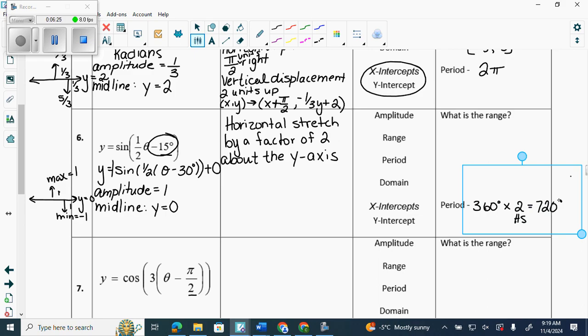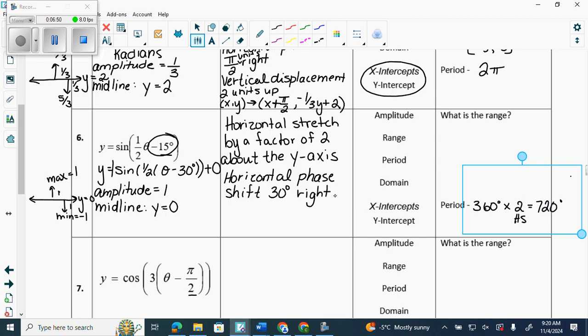Okay, then I have a horizontal translation, which I don't call horizontal translation, I call horizontal phase shift, only in trig. 30 degrees right. And this one I don't have to write units for, because degrees is the unit. Could I go pi over 2 radians right instead of putting units?